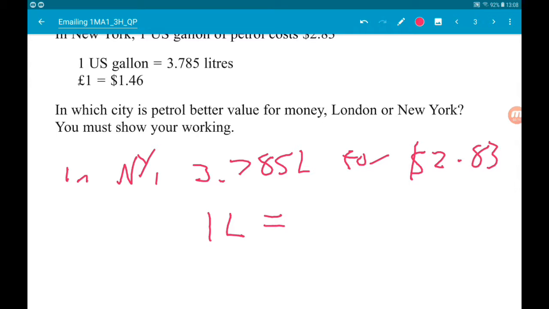So we can find the cost in dollars by doing 2.83 divided by 3.785. And that gives us 0.7476. So if we go to 2 decimal places, that would be $0.75.